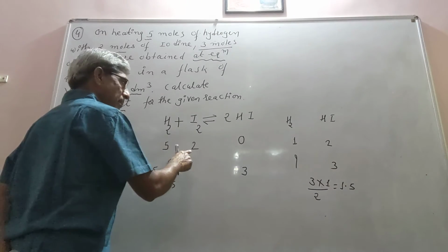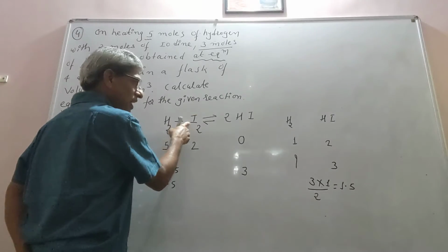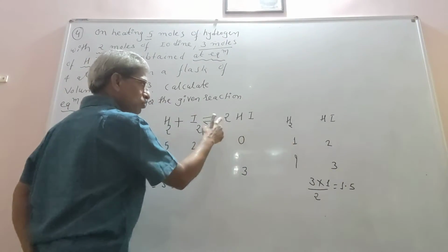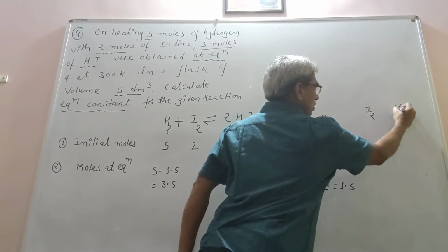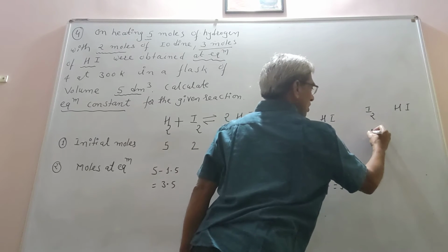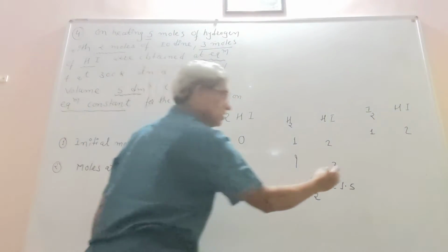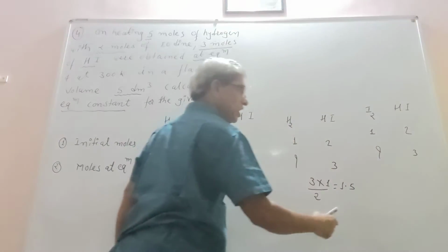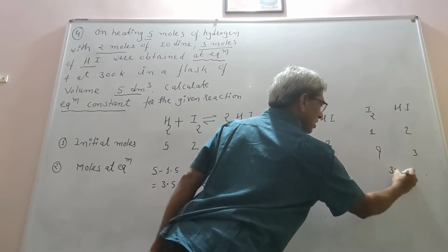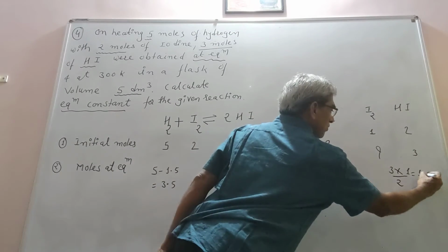Then similarly, whenever 1 mole of I2 reacts, how many moles of HI are formed? 2. I2 1 mole, HI 2. How many moles of HI are formed? 3. Then how many moles of I2 react? In a similar fashion, 3 into 1 divided by 2 equal to 1.5.